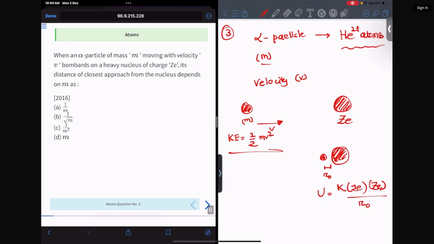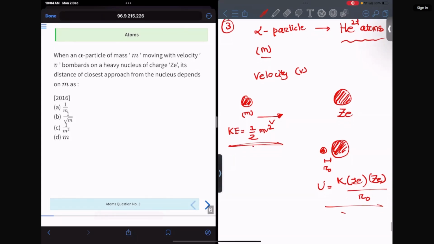Initially, it only had kinetic energy. And finally, when it is so close to the target nucleus, it will only have potential energy. So you write both formulas, kinetic energy and potential energy, and then kinetic energy will be equal to potential energy, because all the kinetic energy is being converted to potential energy.